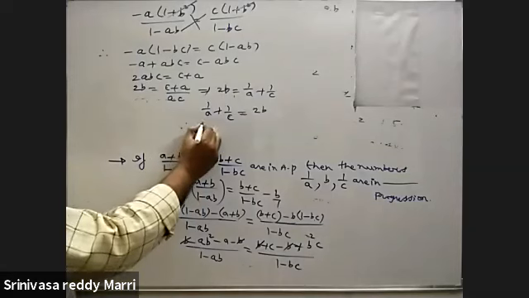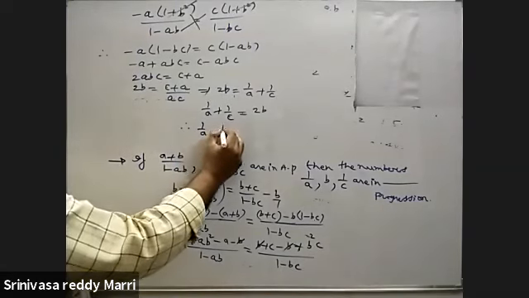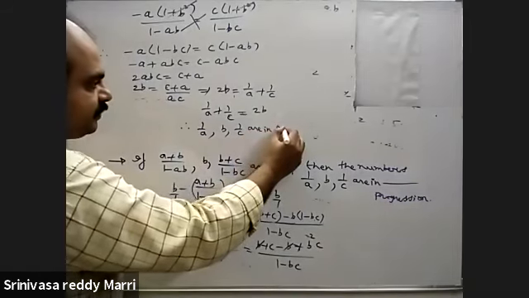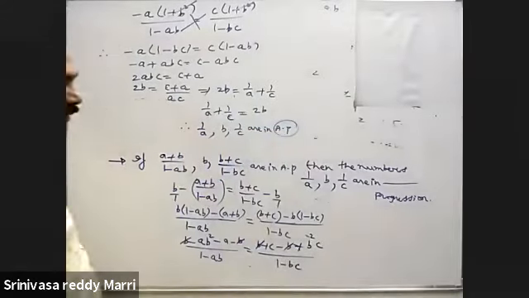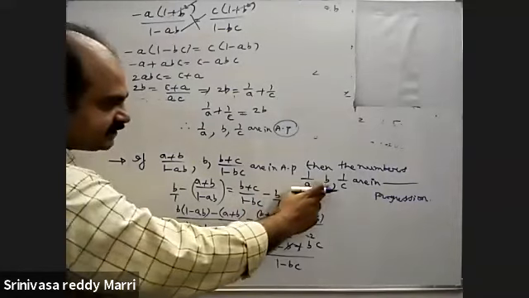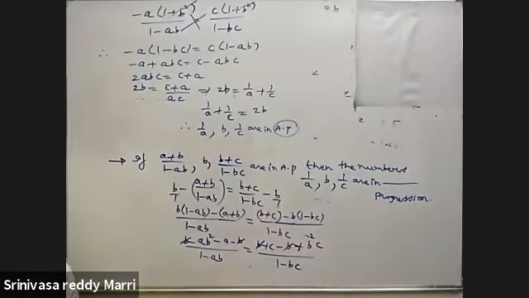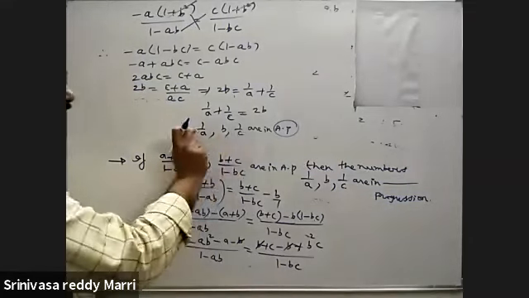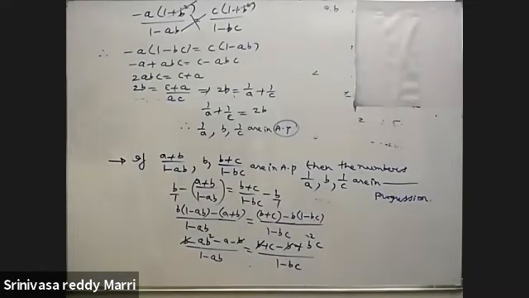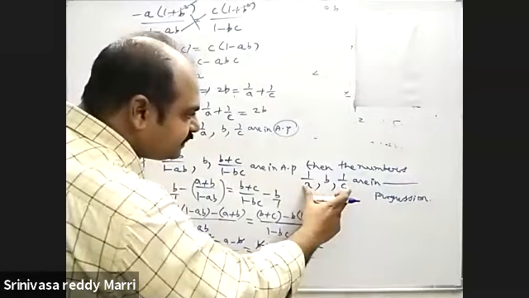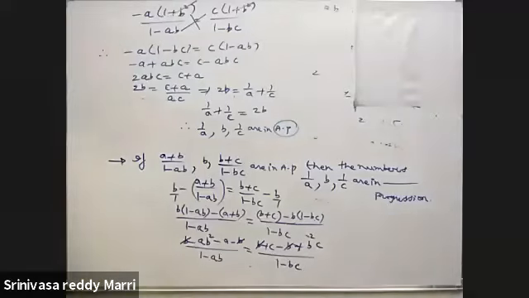That means 1 by a, b, 1 by c are in which progression? AP. You got x plus z equal to 2y. That means x, y, z will be in arithmetic progression.